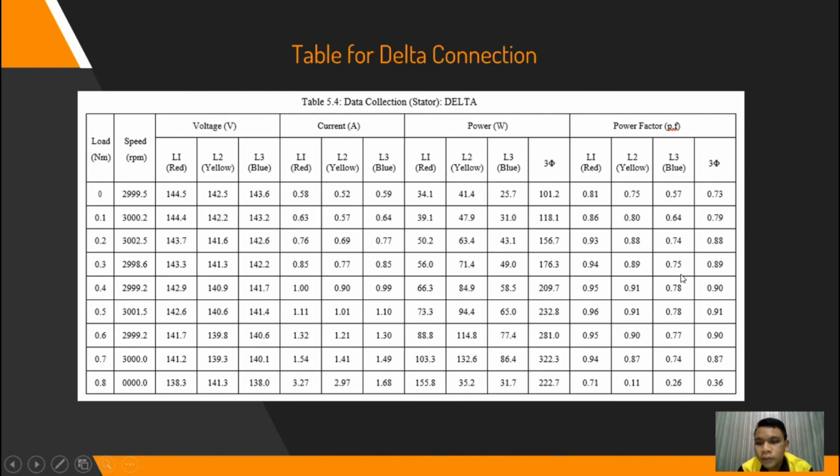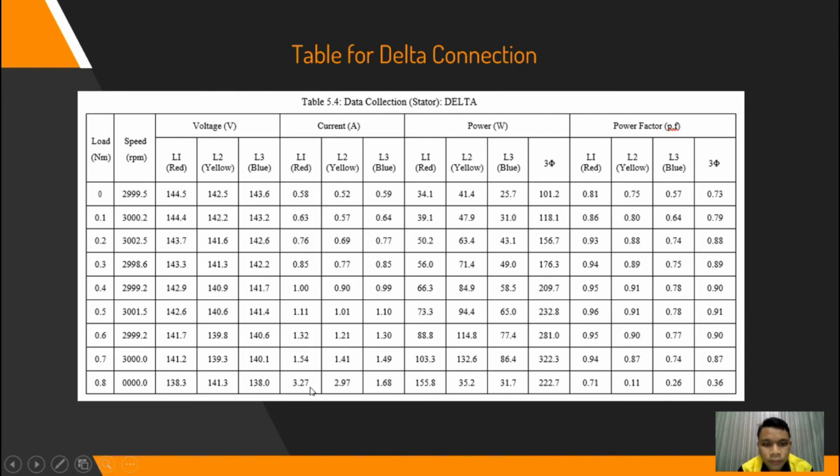The blue line keeps increasing and then decreases at 0.74. But after the motor stops rotating, when we increase the load, or we set the load torque at 0.8, the RPM is 0, and then the voltage at the red line is decreasing, but the yellow line is increasing, and the blue line is decreasing.